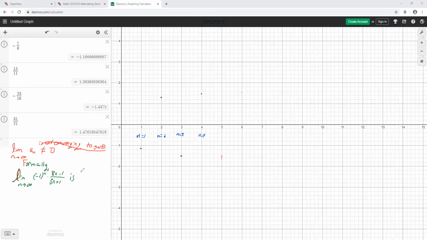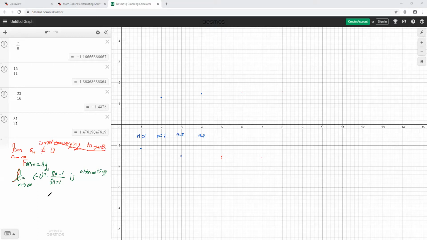Yeah, we know it's alternating. And it's alternating from negative to positive, back to negative to positive to negative to positive forever.